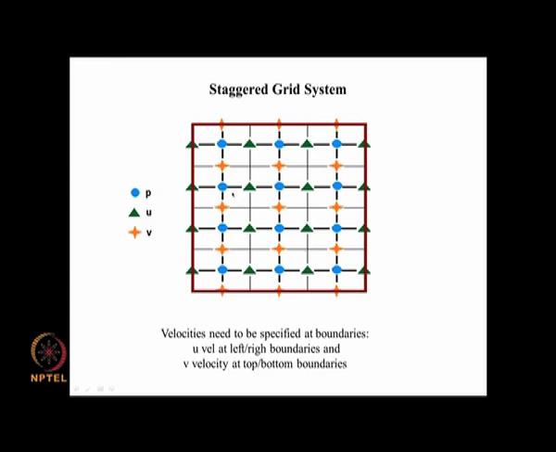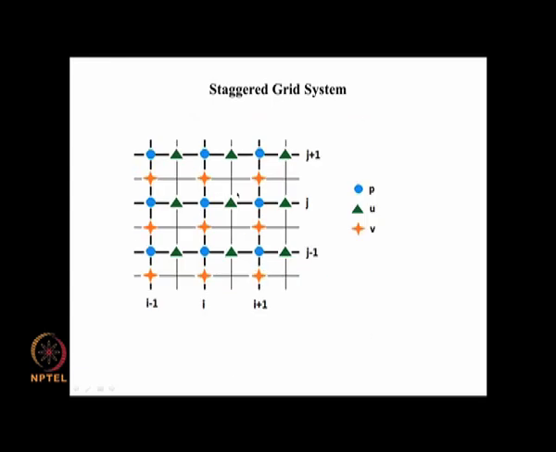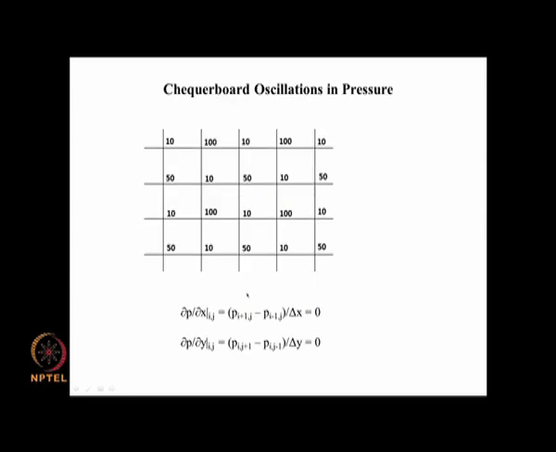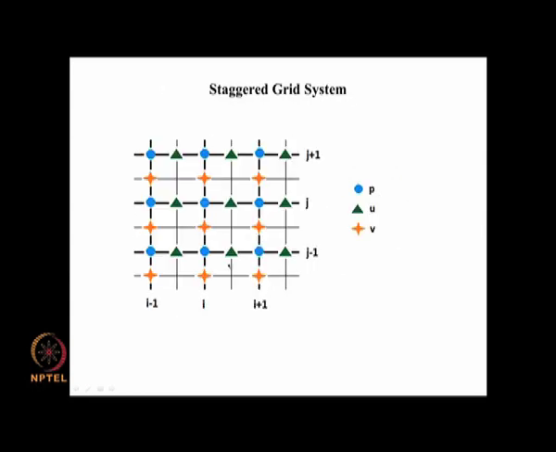And the advantage of this particular way is that if you now evaluate dou p by dou x at i comma j, for example, so when you are looking at the x momentum equation, you are solving for u at this point and this point here. So, at this point you need to know what is dou p by dou x, and when you do that, then pressure at this point minus pressure at this point divided by this distance will give you the pressure gradient at the midpoint here.